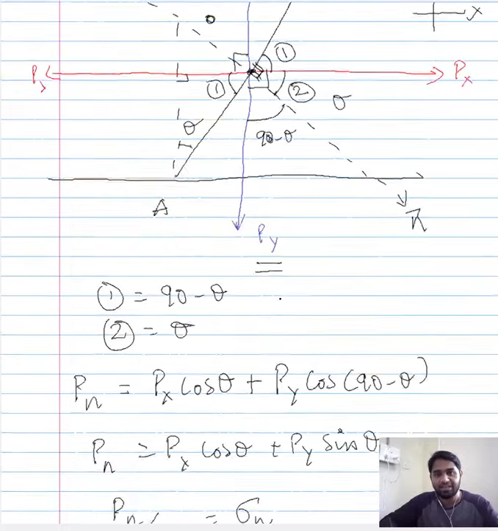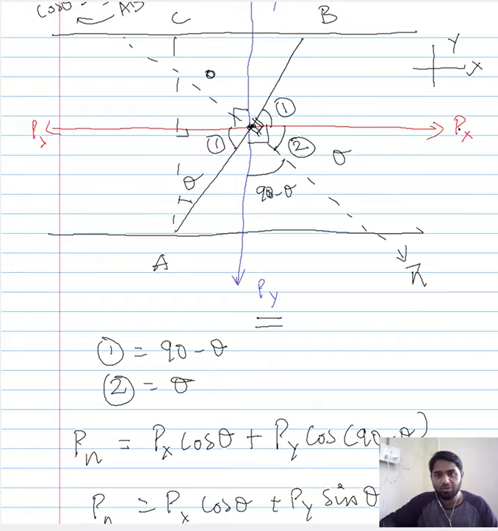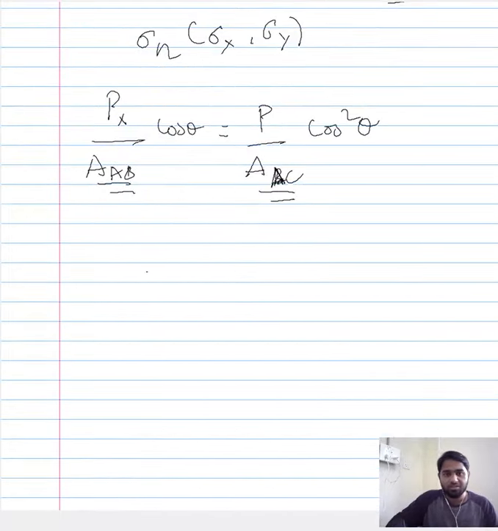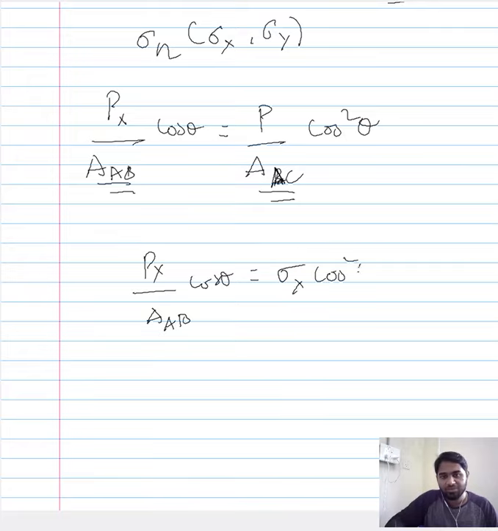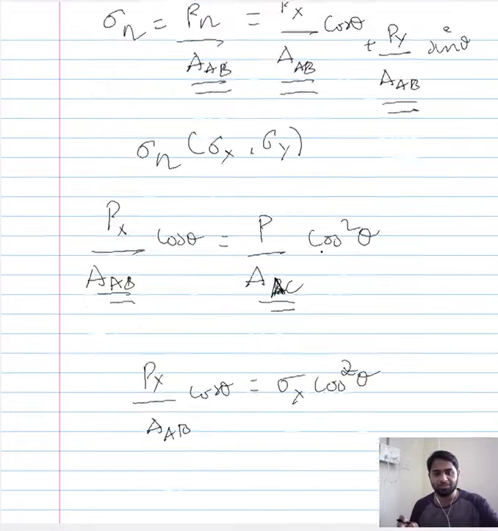Now this area AC is perpendicular to the load along the x direction, so that means Px by AB cos theta is nothing but sigma x cos square theta. So we have done nothing new here, we have just used the expressions that we derived for the two-dimensional case, particularly the relation in cos theta, and we have arrived at this expression.